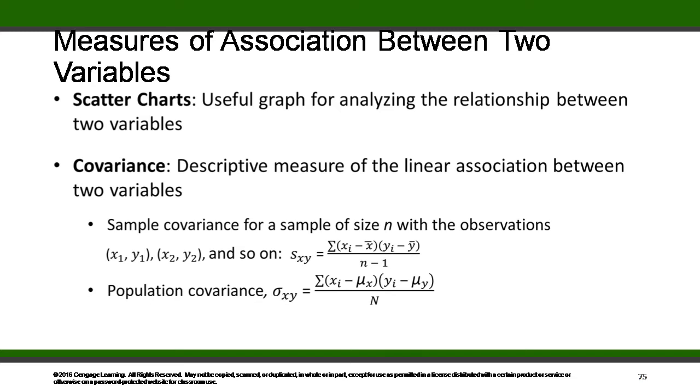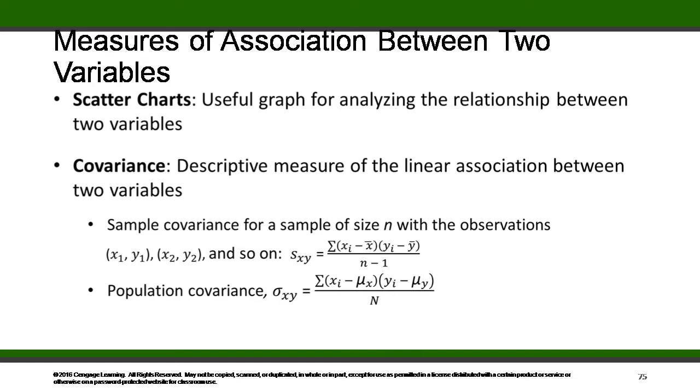The sample covariance for a sample of size n with the observations x1, y1, x2, y2, and so on, is s sub xy equals the summation of x sub i minus the mean of x times y sub i minus the mean of y, all over n minus 1. The population covariance uses this formula.